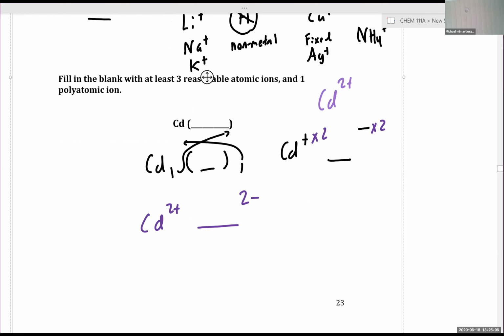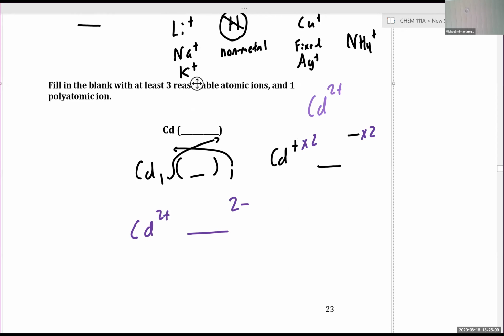So then, what elements or what ions have a charge of 2 minus? Is there a group of elements that adopt a 2 minus charge? What group are we thinking of here? 6A, yep. So your 6A elements such as sulfur, oxygen, selenium.